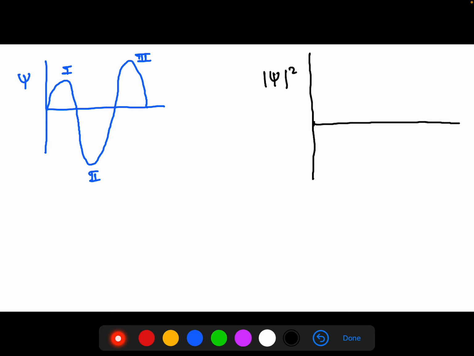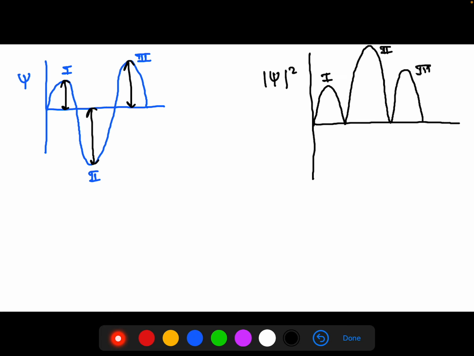So my first plot will be like this. I'm just following the magnitude of each plot, or value of the wave function. So you will get the probability value corresponding to each region.